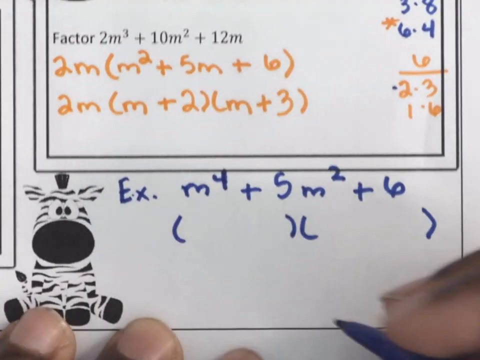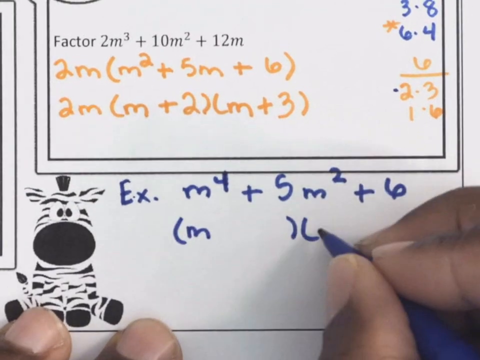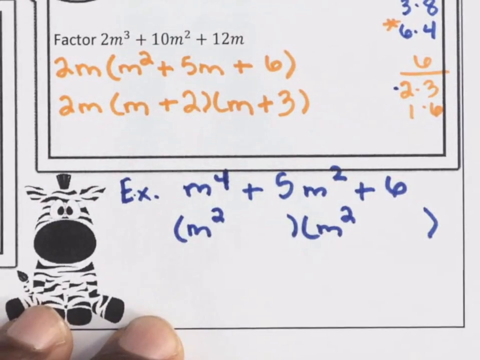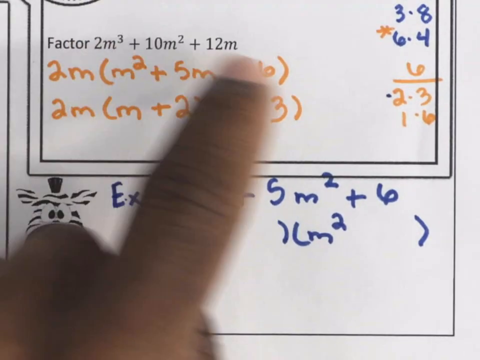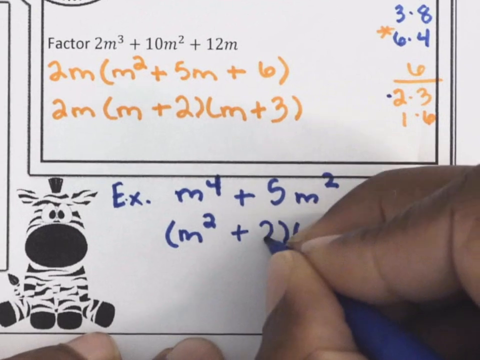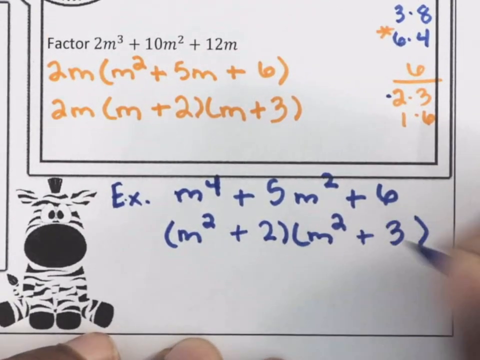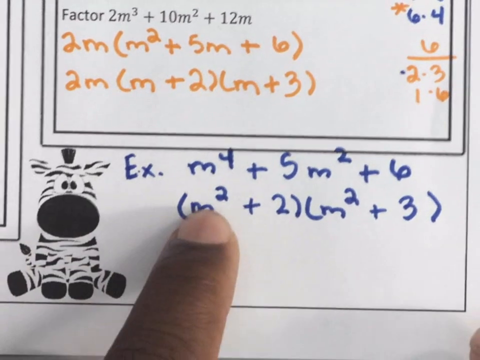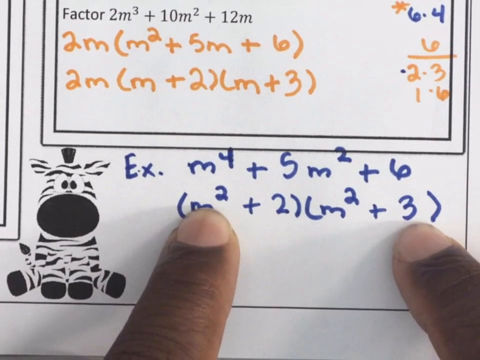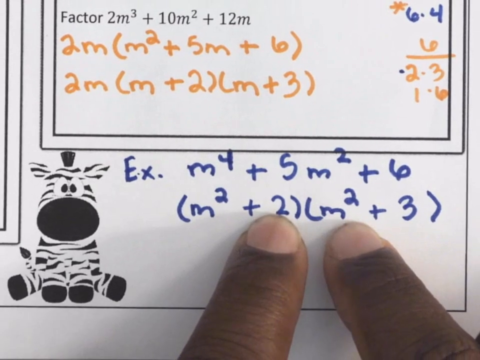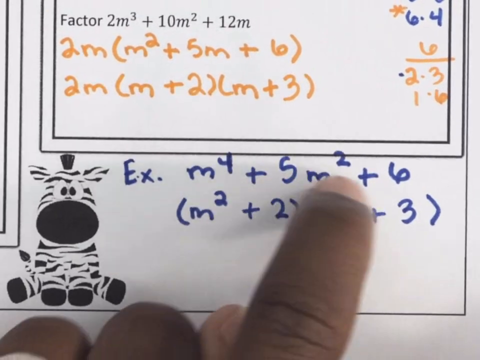So before we would do m times m. When it's like this, you just do m squared times m squared. Before I said I needed 2 and 3. That doesn't change. But it'll work itself out for this middle term to be m squared. M squared times 3, 3m squared. 2 times m squared will give you a total of 5m squared.